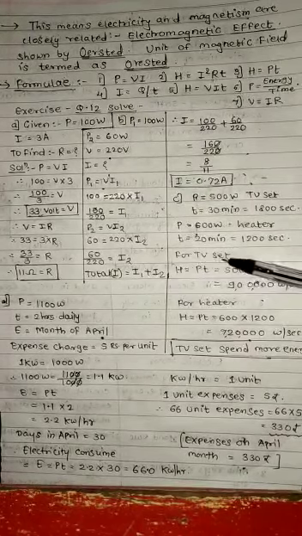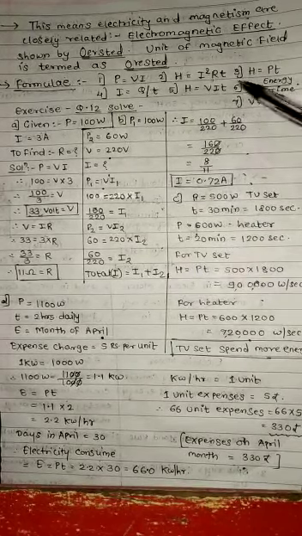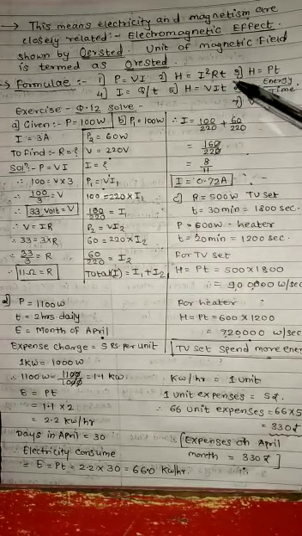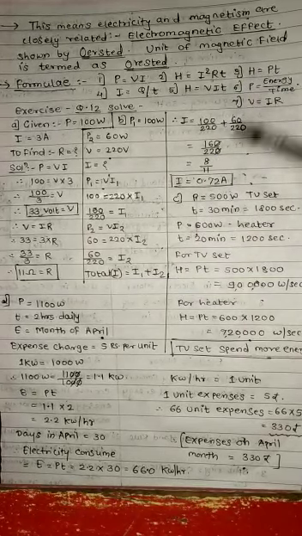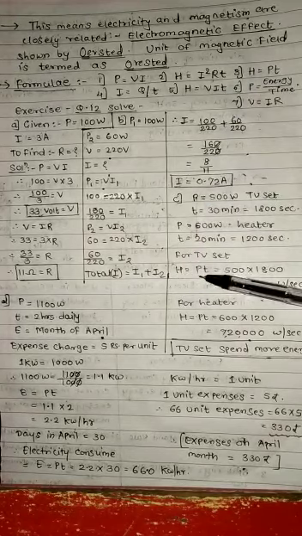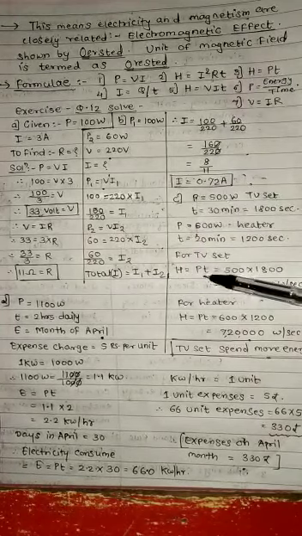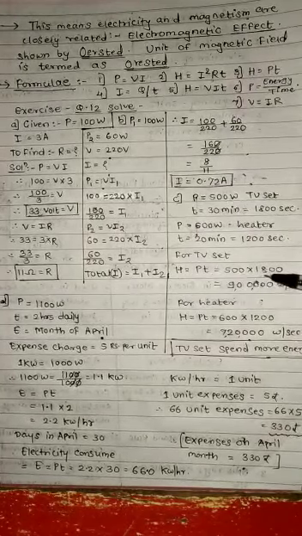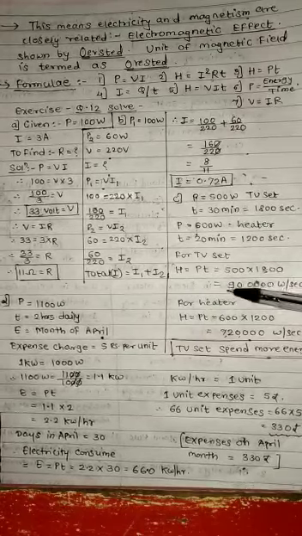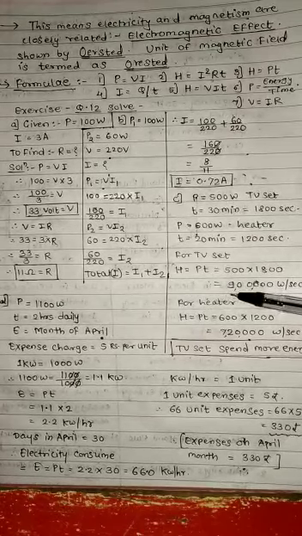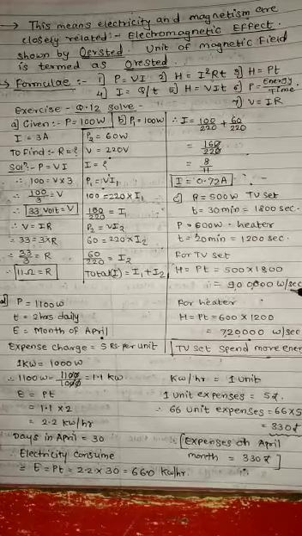Now for the TV set you have to use the formula H is equal to PT, power into time. 500 into 1800, that is 9 lakh watt second.